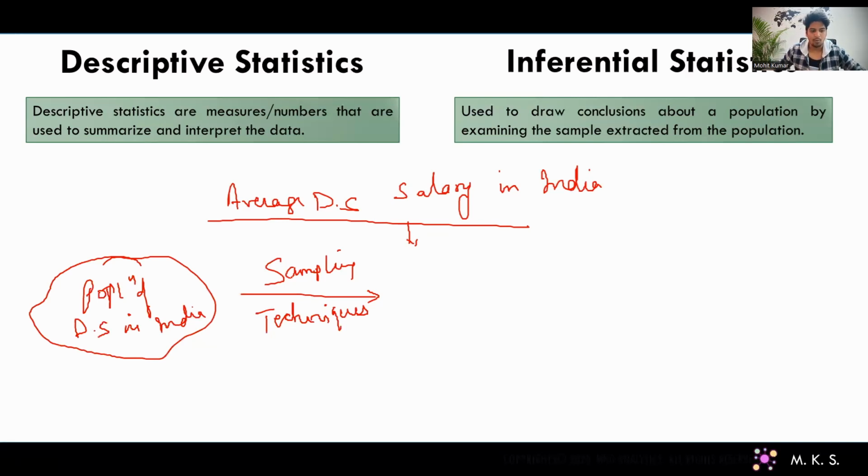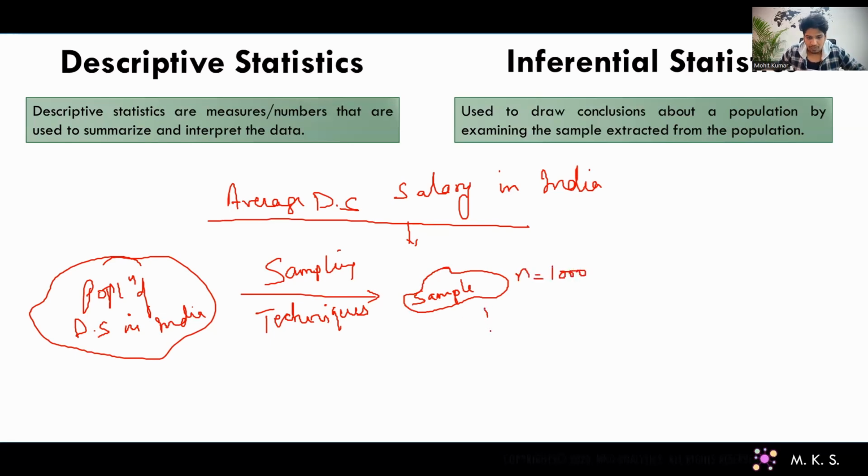The sampling process helps you extract a sample from the population while minimizing sampling bias, right? So we will collect a sample of a predetermined number of units. Let's say out of the whole population, we have taken a sample of 1,000 data scientists.